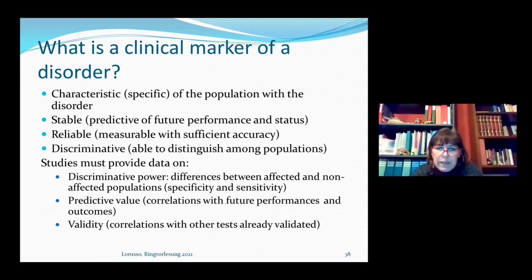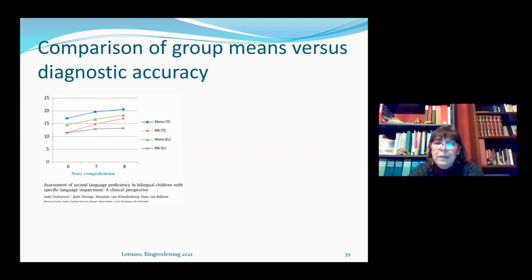Predictive value, as we saw, and validity. So how much a certain test is really measuring what it declares and wishes to measure, which is evidenced through the correlations with other tests that have already been validated and that measure the same ability.